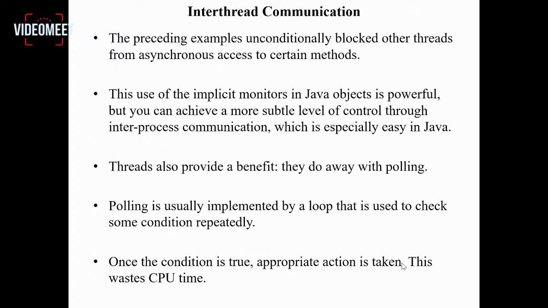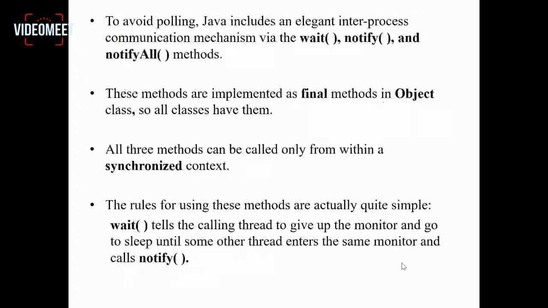So to avoid polling, Java includes an elegant inter-process communication mechanism via the methods called wait, notify, and notifyAll. These three methods we are going to use to avoid such a polling mechanism and the synchronized method concept.